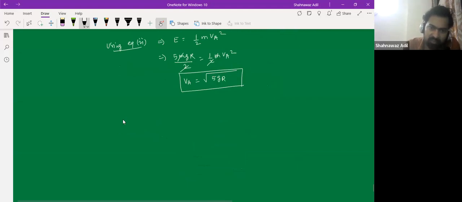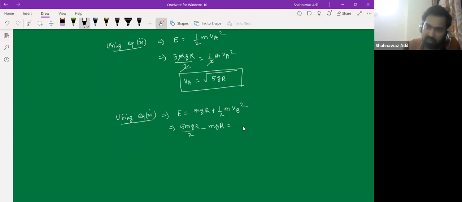So using equation 4, E is mgr plus half m vb square, right? So this is 5 mgr by 2 minus mgr, and that is half m vb square.